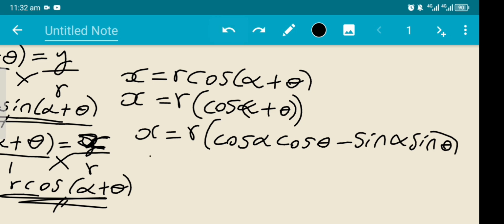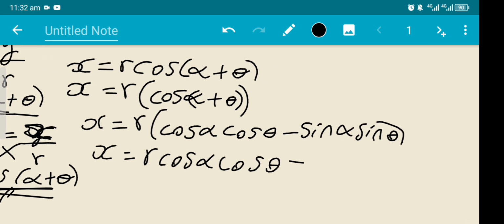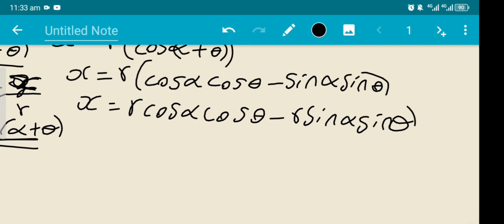So when we do, what we're going to have is r cos theta cos alpha. So I believe you get the idea here. And then this r multiplying with that, what we're going to have is r sine alpha sine theta.